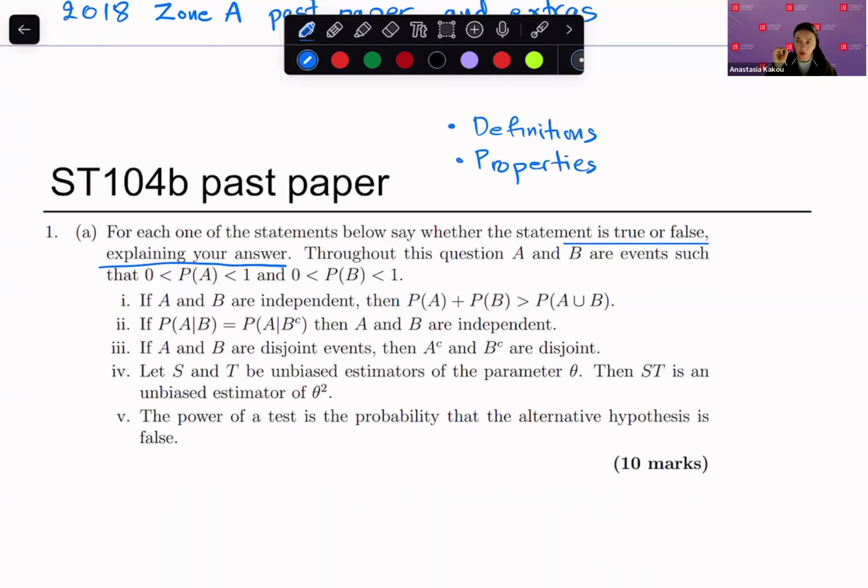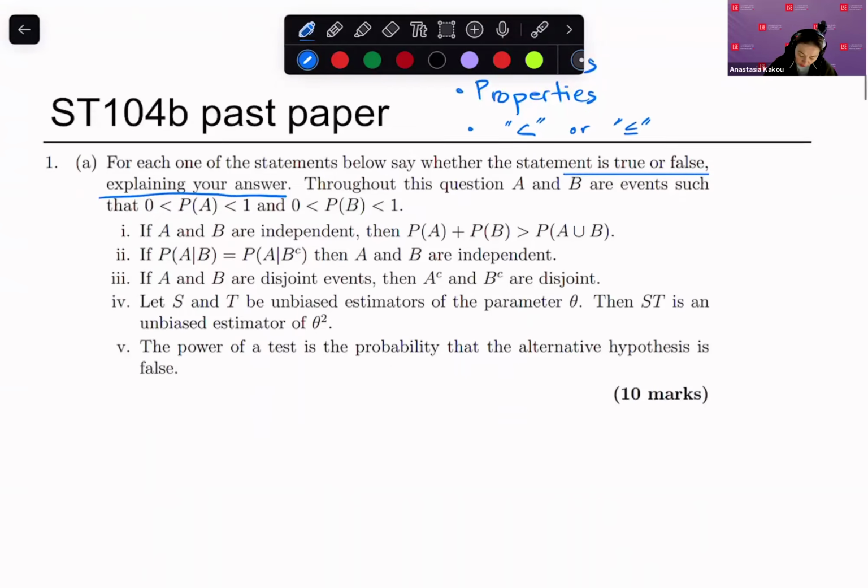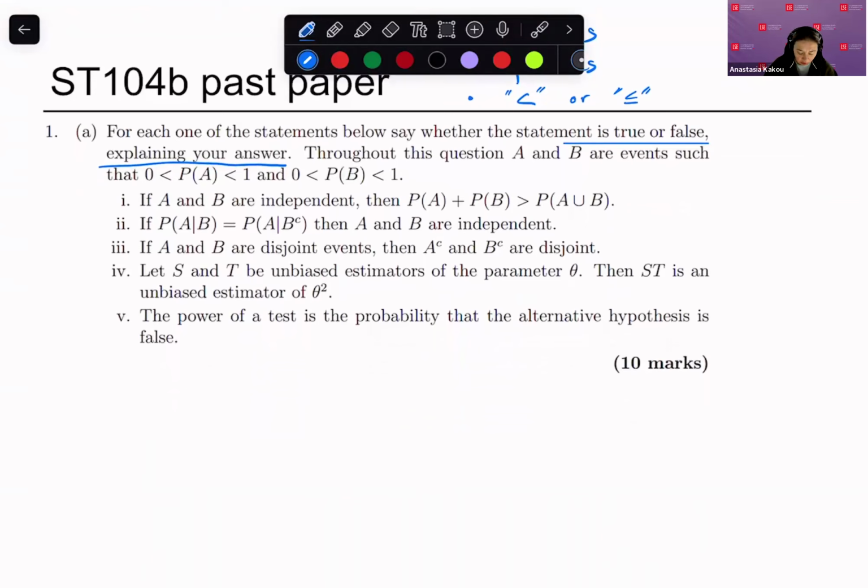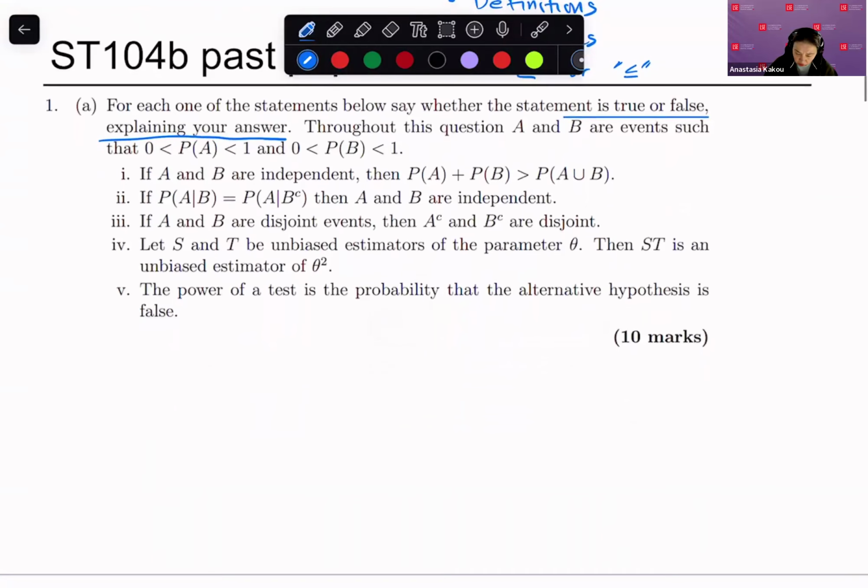Definitions and properties will allow you to give short and to-the-point answers. Also, I would like to emphasize that you should pay attention to whether an inequality is strict or less than or equal. I'll quickly go through these five questions. You have a total of 10 marks.